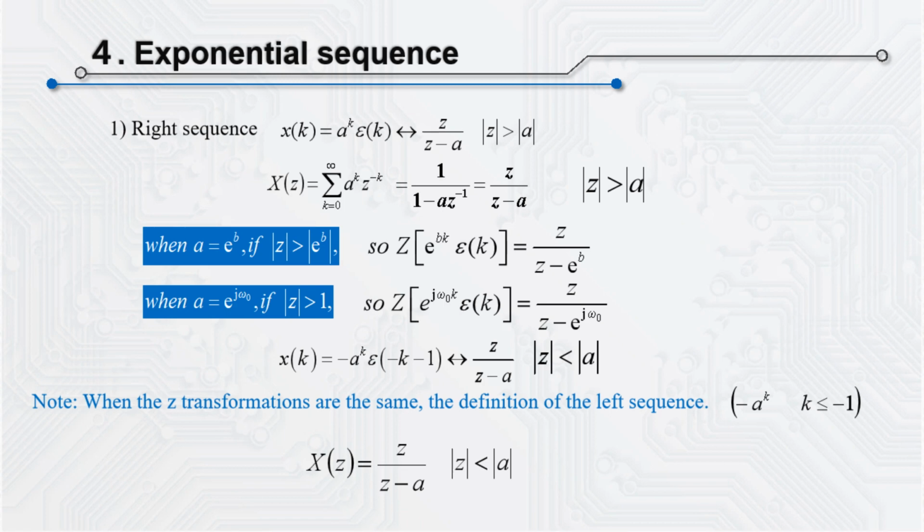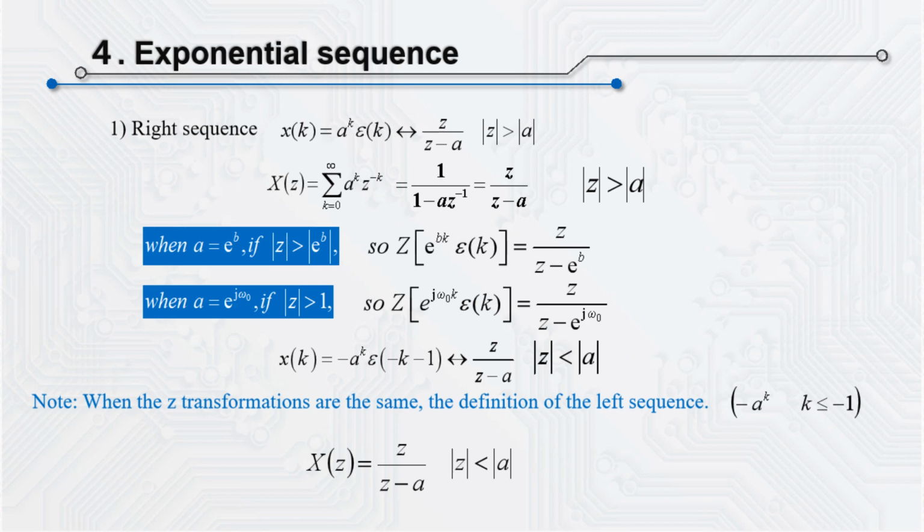We can find that with the modulus of z greater than the absolute value of a, it converges to z divided by z minus a. So the result of its z transformation is the result above.